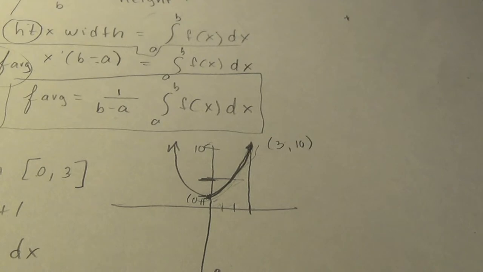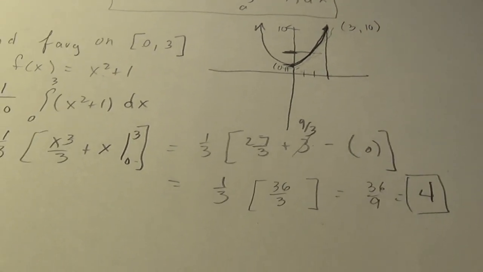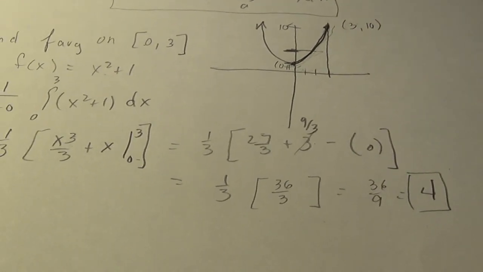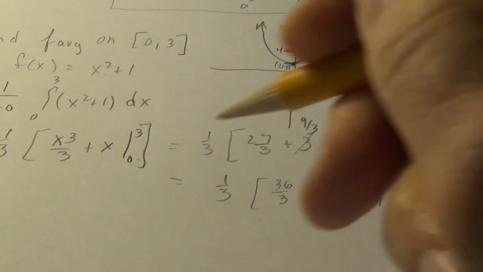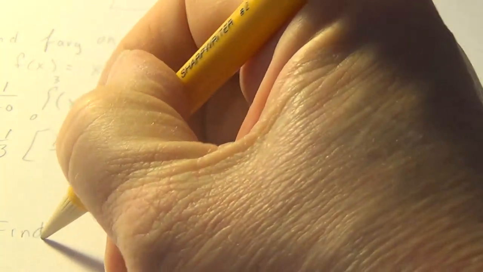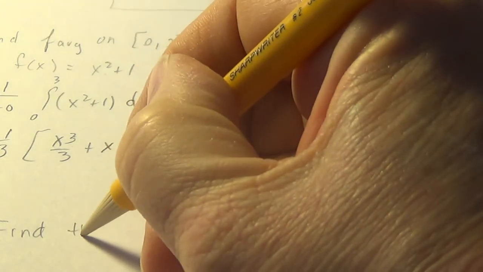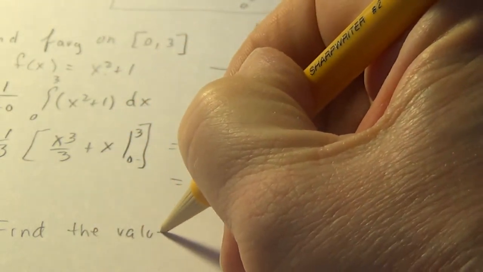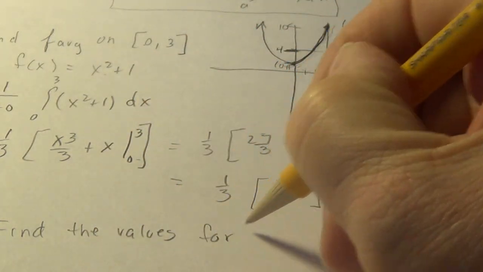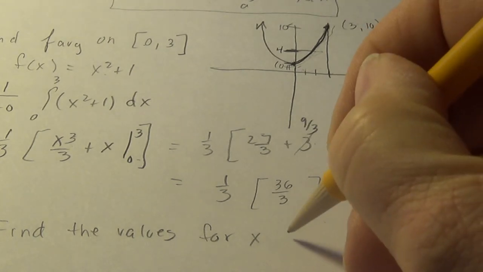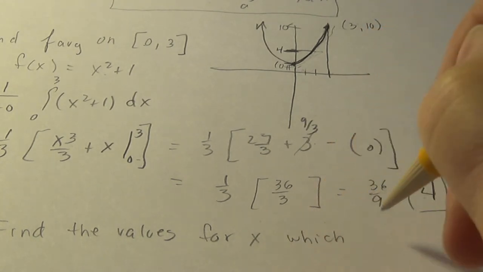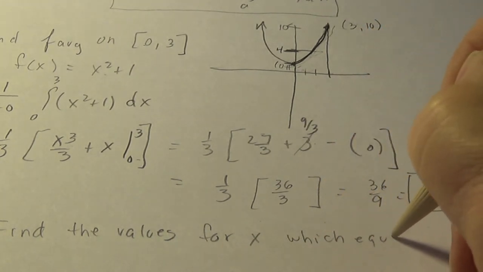So sometimes your text also asks for another question. Not only does it ask for the 4, which in our picture would be right there, the average height, but it also says find the values for x which equal this height.